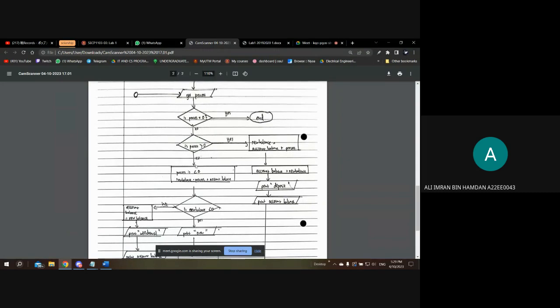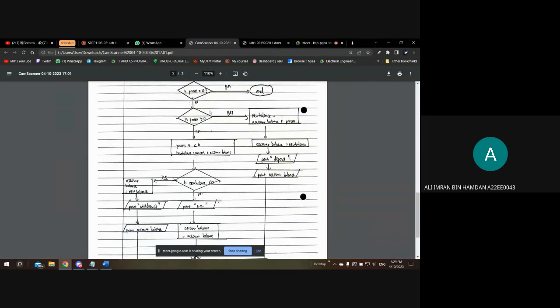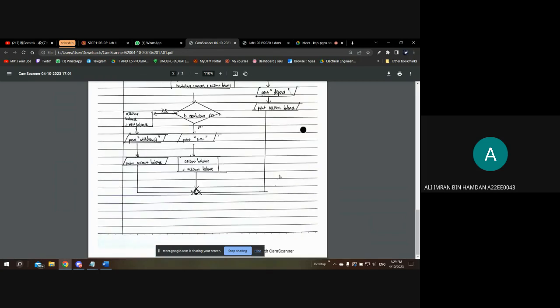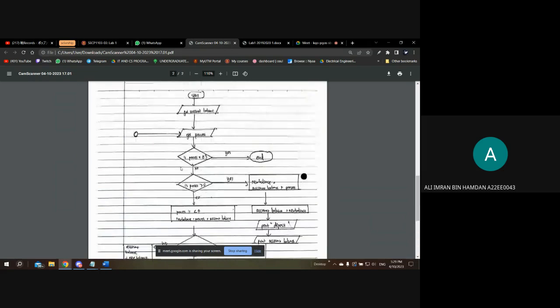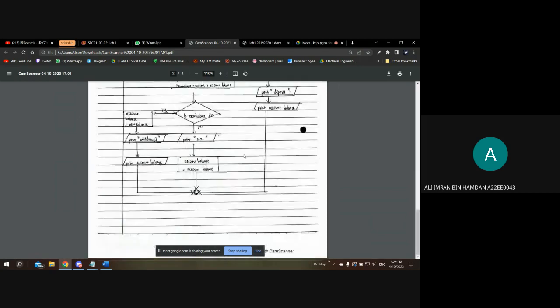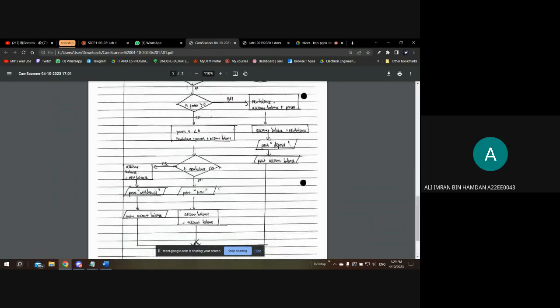If it's not 0, then is it bigger? If it's not bigger, then it's smaller than 0 automatically. If it's bigger than 0, then calculate the new balance, replace the account balance with the new balance, print deposit, print account balance, and then go back over here. This is the on-page connector. Go to this one until it loops. So that's for the deposit.